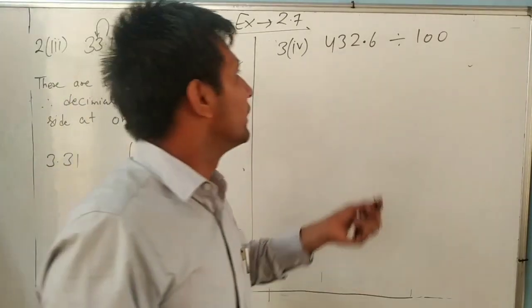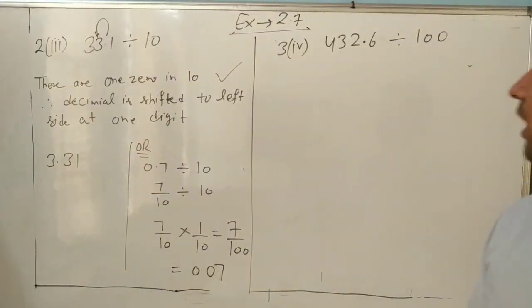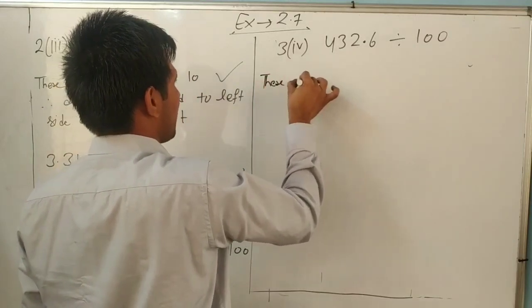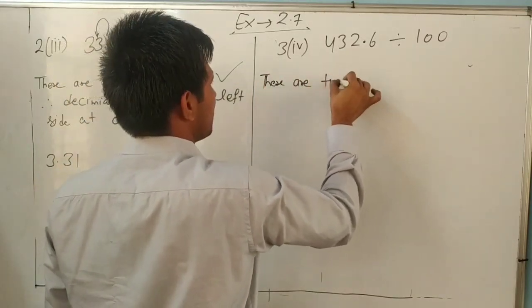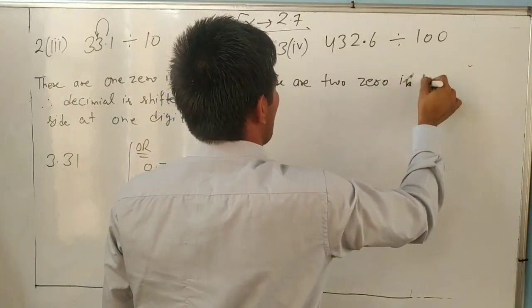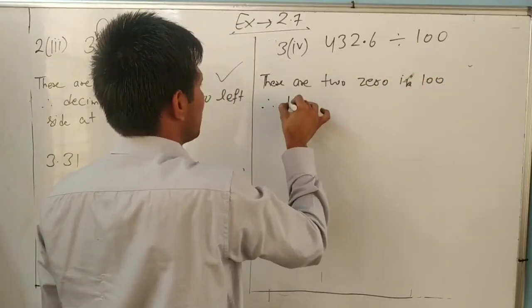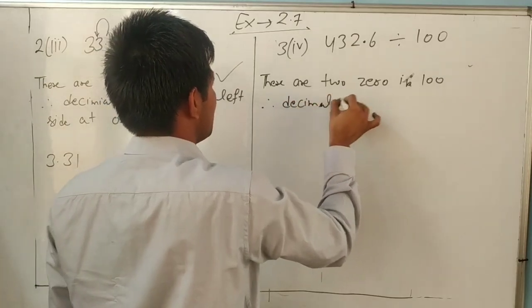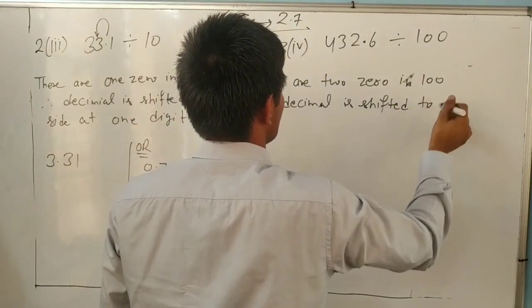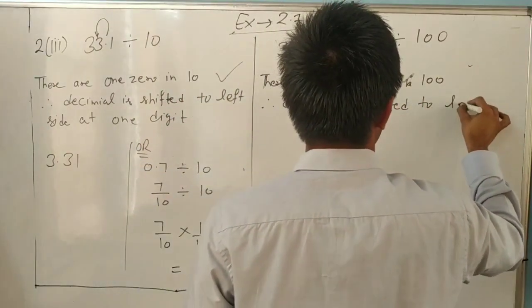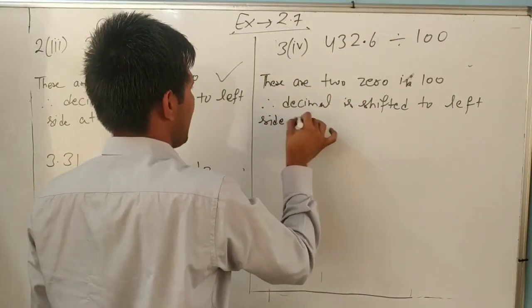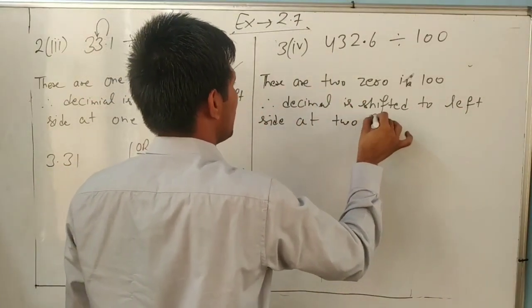Now third question. Here we are dividing by 100. So there are 2 zeros in 100. Therefore the decimal is shifted to the left side by 2 digits.